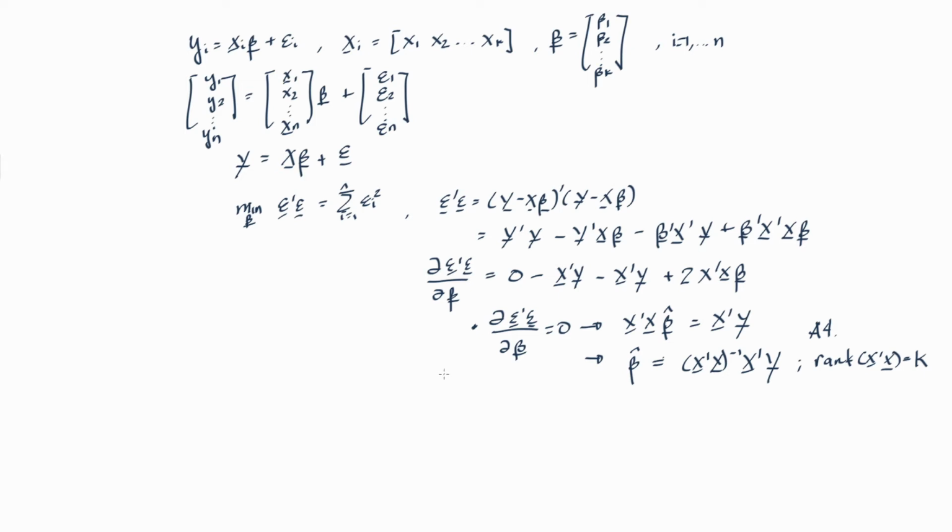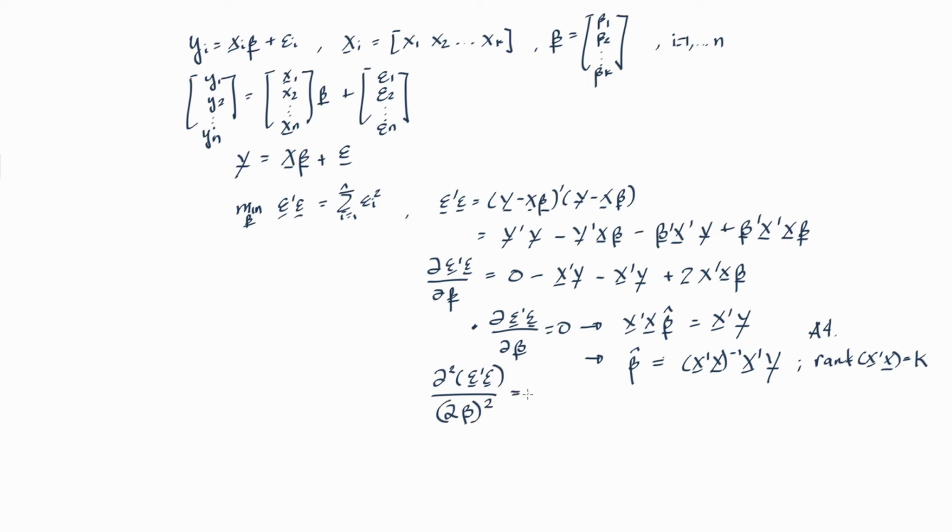Now the question is, does beta hat minimize the expression epsilon prime epsilon? Let's find out by doing the second derivative test. We get the second derivative of epsilon prime epsilon with respect to beta.